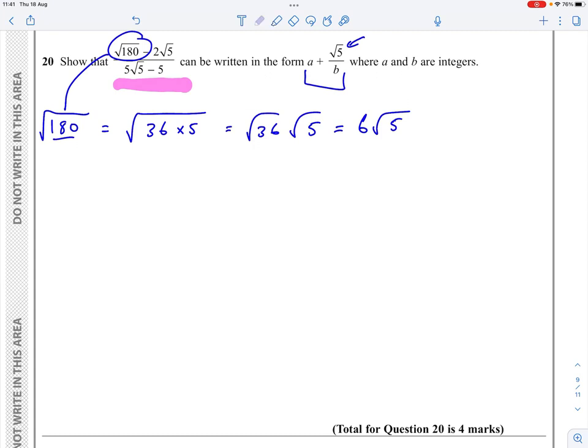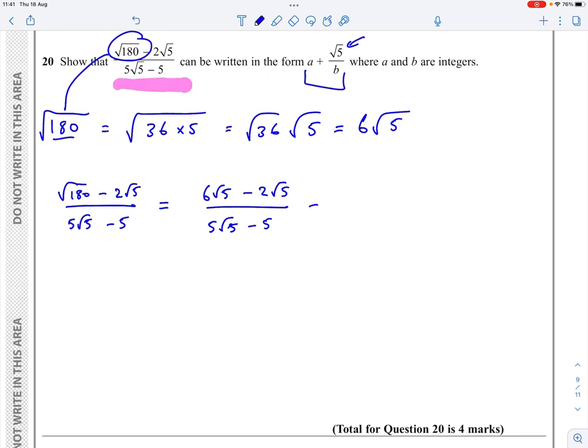So writing everything again, root 180 minus 2 root 5 divided by 5 root 5 minus 5 is the same as 6 root 5 minus 2 root 5 divided by 5 root 5 minus 5.